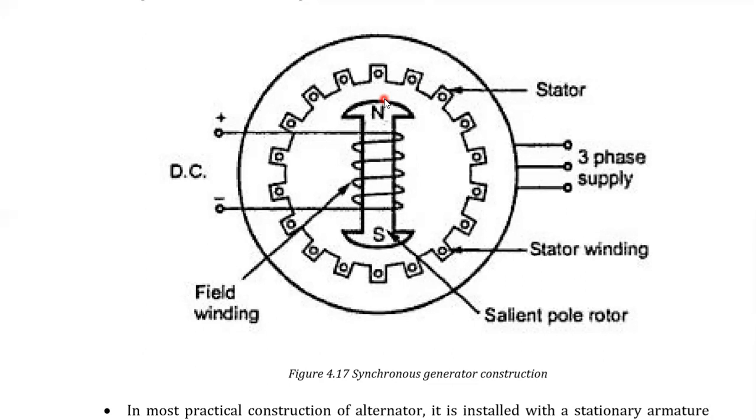To avoid that problem, in DC machines the field winding is always on the stator and the armature winding is on the rotor. Understood? Clear?